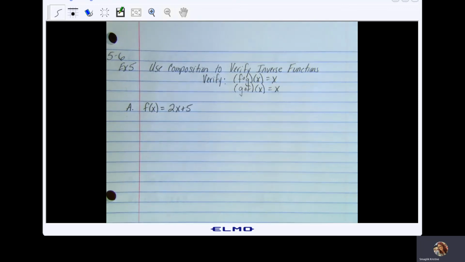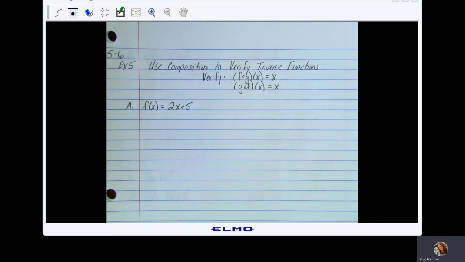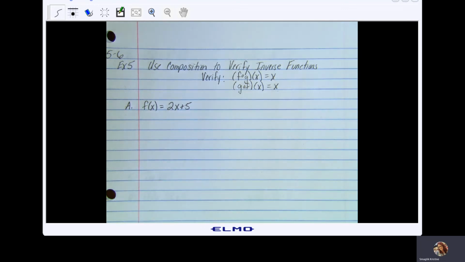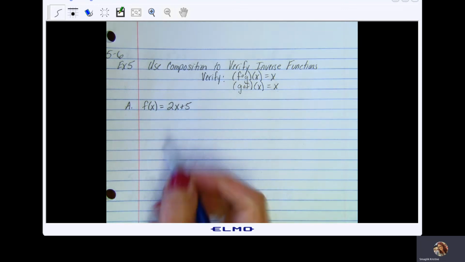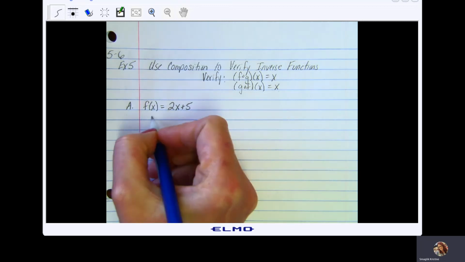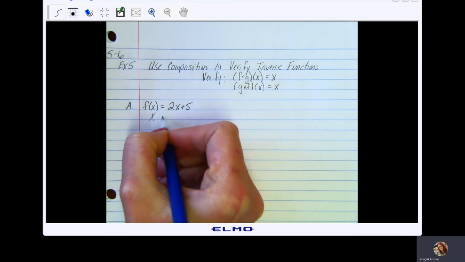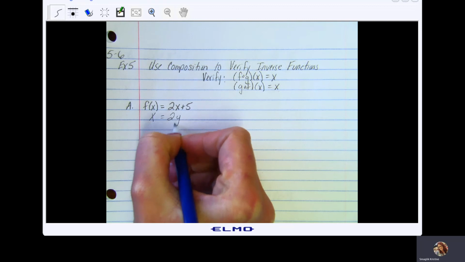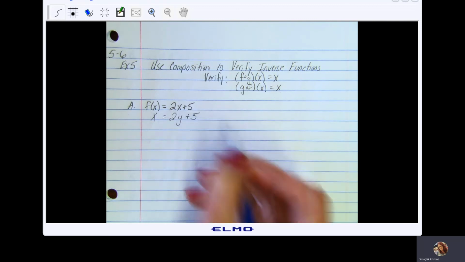Here we have f of x equals 2x plus 5. Let's go ahead and find out what the inverse is, and then we'll use this test just to see how it works. So here again, I've got a function. If I want to find the inverse, I'm going to swap my x and y's. Now f of x is y, so I'm going to write this as x equals 2y plus 5.